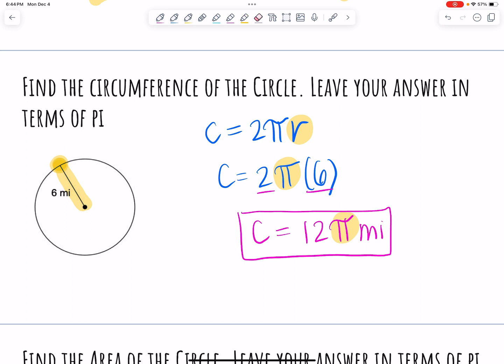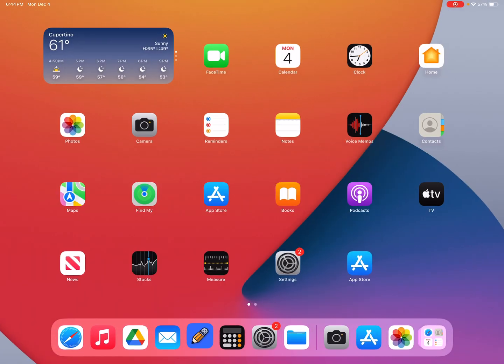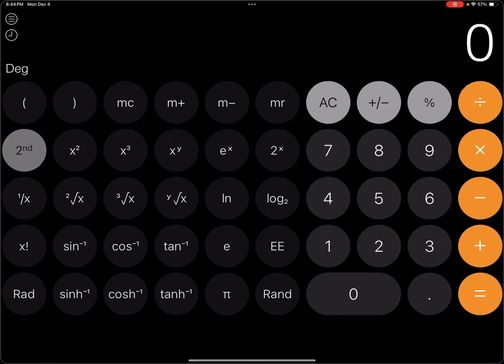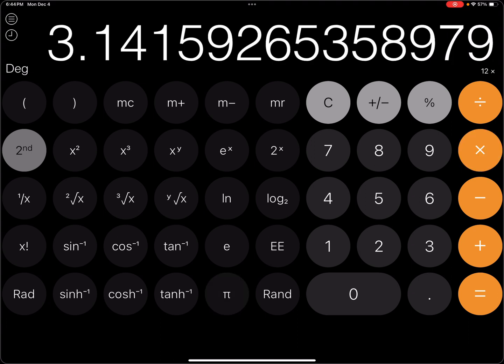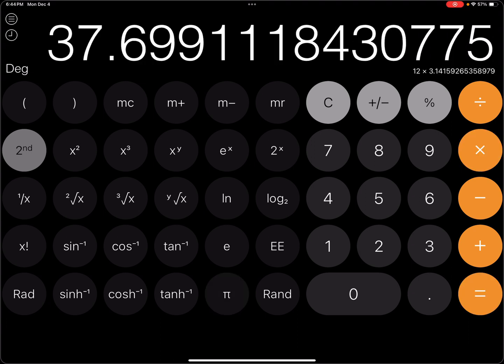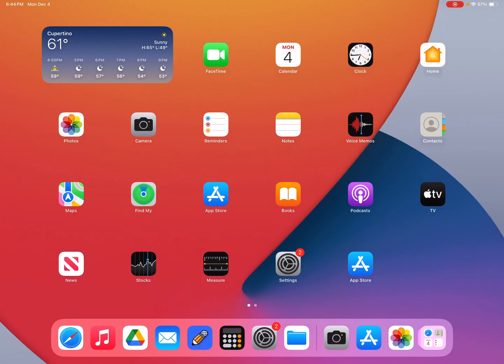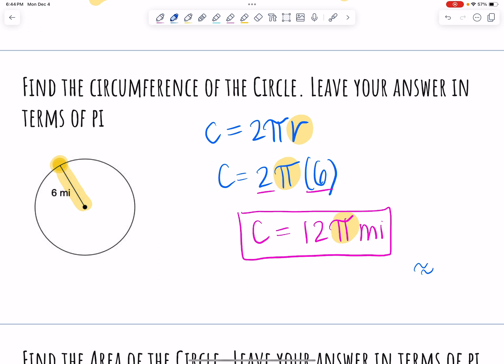If I wanted to round that, which is what many of you are used to doing, to see what that is approximately and see if it makes sense, we'd go to our calculator and type in 12 times pi. You can see on the calculator screen, it looks like it ends, but it keeps going, and it is about 37.7. When I write 37.7, that is no longer exact.